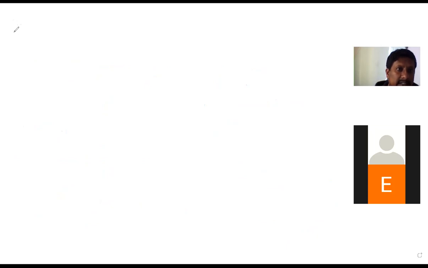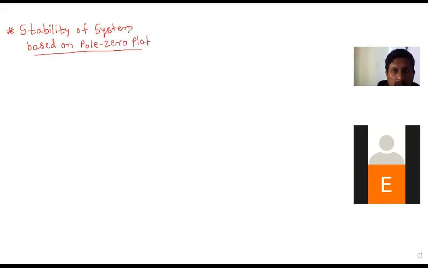So we can take the next point: stability of the system based on pole zero plot. We can discuss that point here. First point, stable.